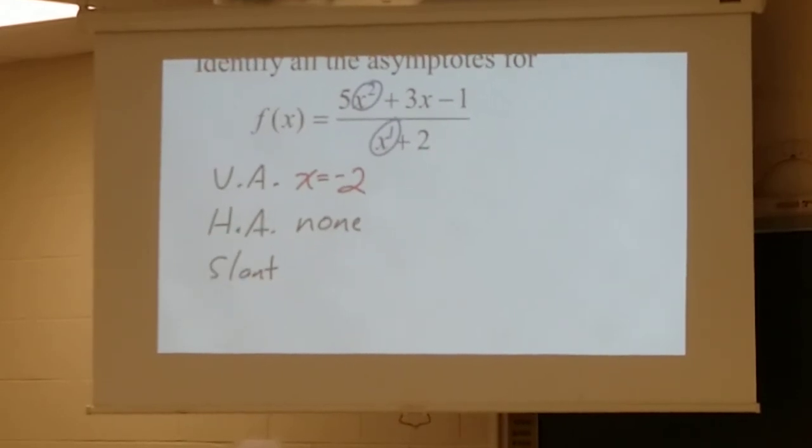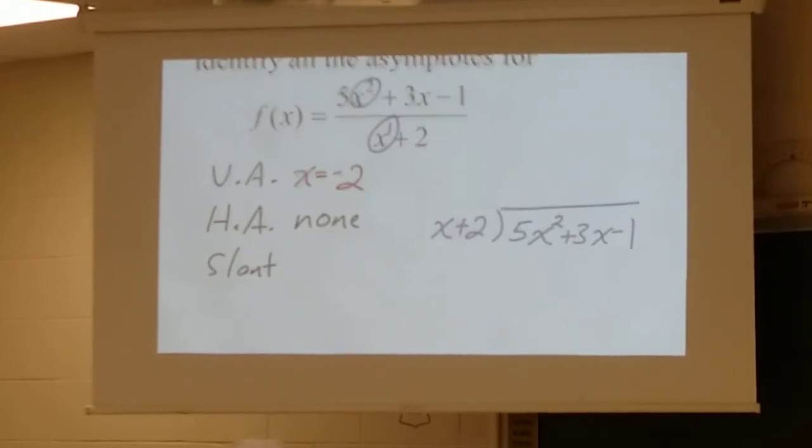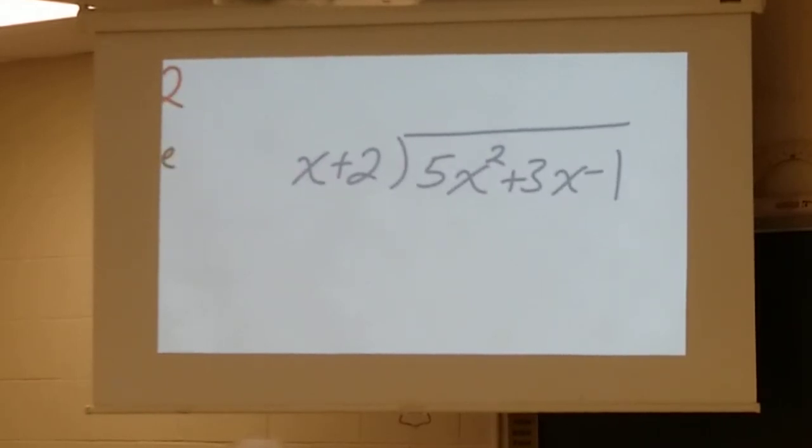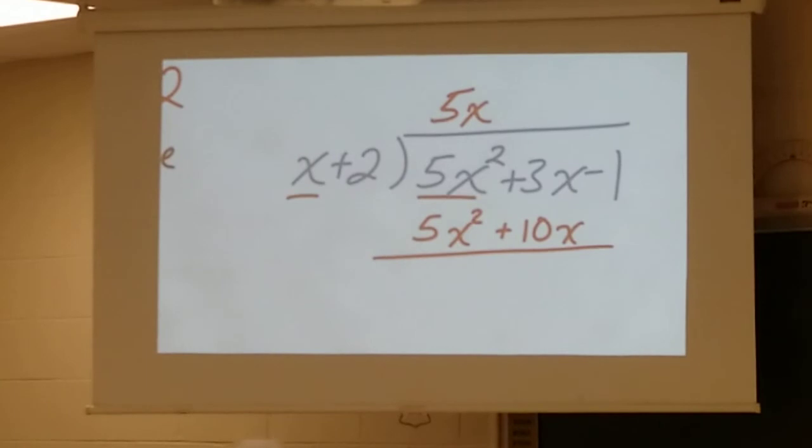Remember, if it's 1 greater, then there is a slant. Now, how do you find a slant? You have to divide. Did you have to? Yes, we're going to divide. Okay, this one requires long division. And, well, I can get the ball rolling by looking at those first terms. 5x times x is 5x squared, and then 10x. And then we're doing, of course, subtraction.